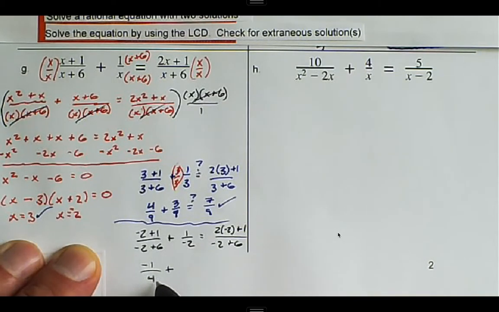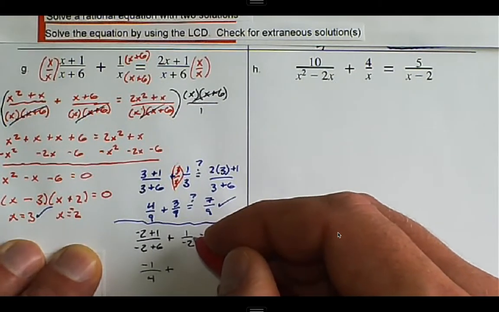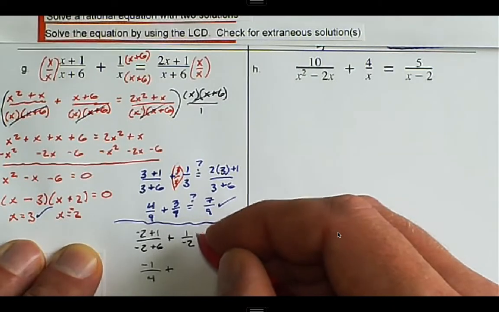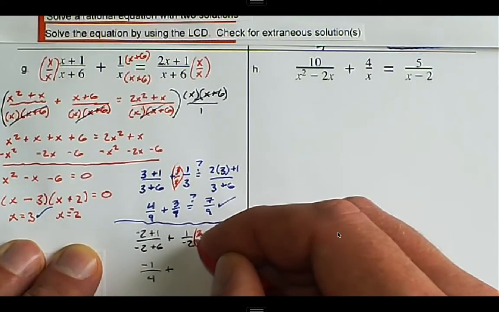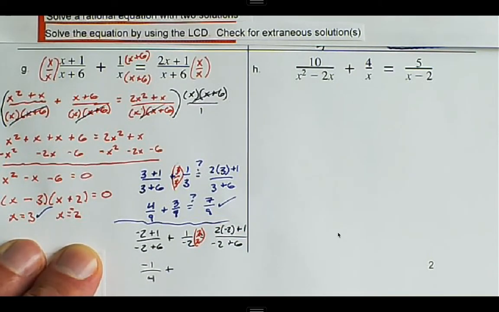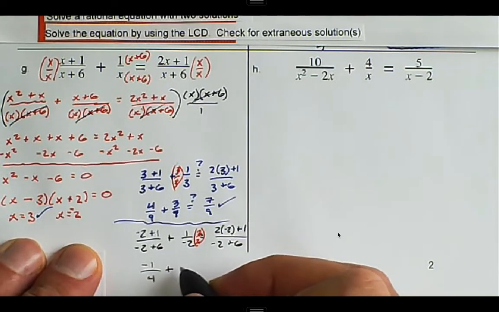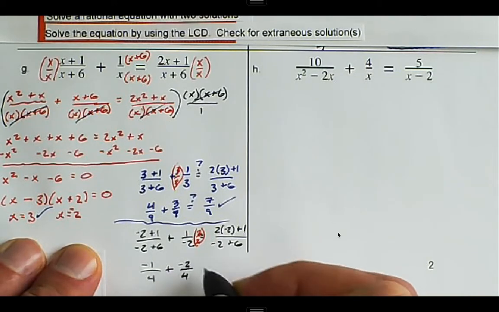So one way we can do that is we can multiply by 2 over 2. And then we're going to get negative 2 over 4.